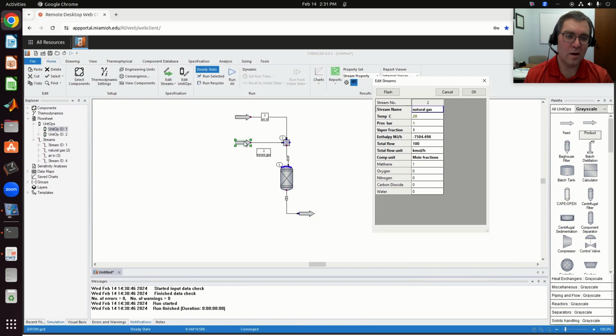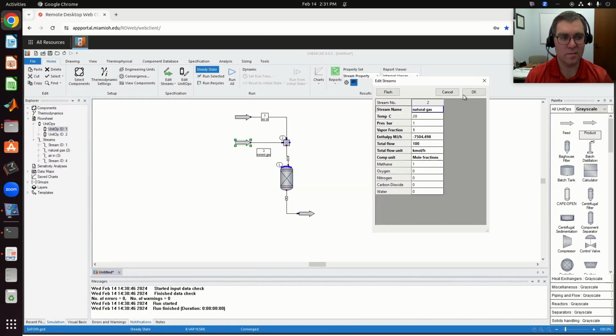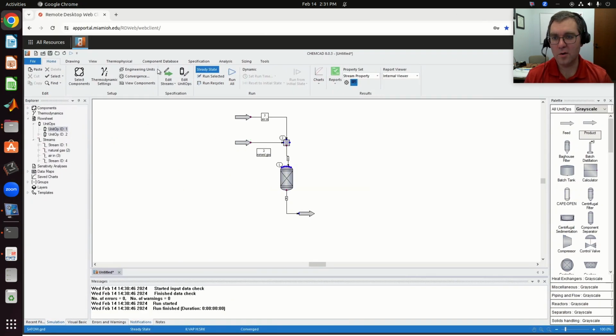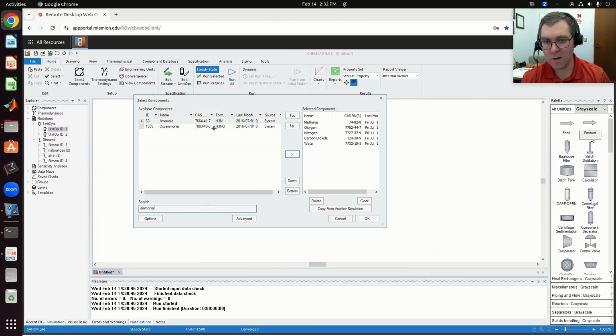Now in the second part, it says, what happens when NH3 is present, and then what happens when you have NH3 present, then H2S. So in my component list, I'm going to start by adding ammonia, NH3.